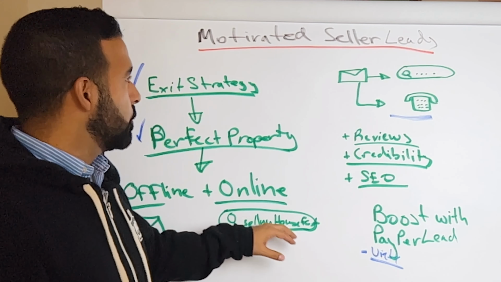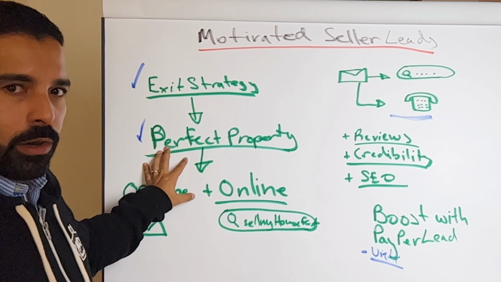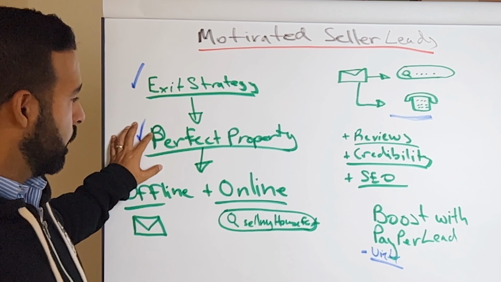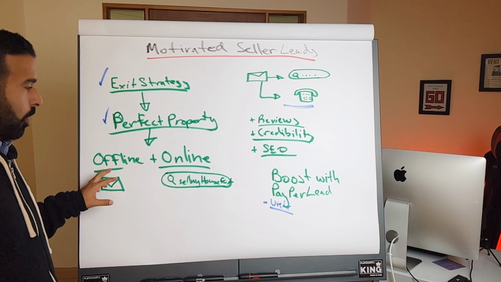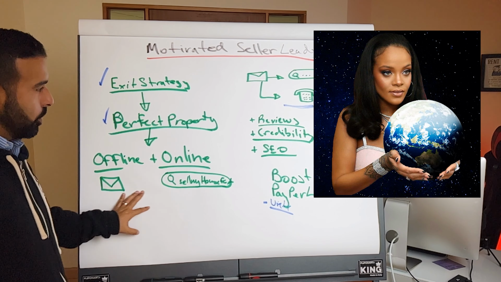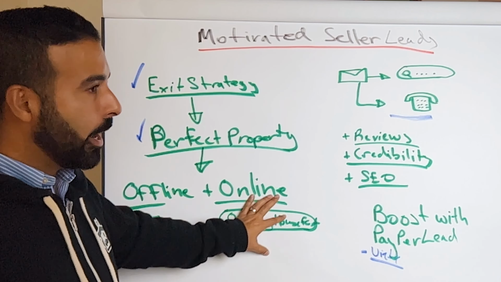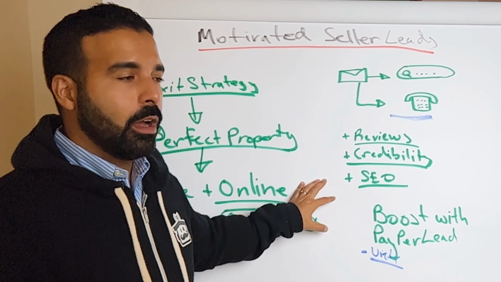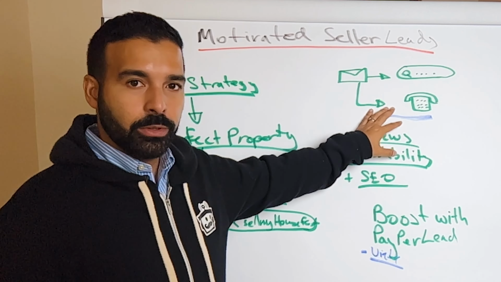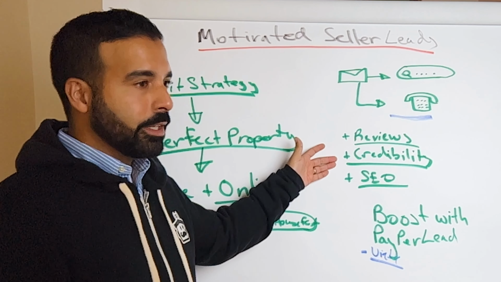Biggest takeaway here is think about your exit strategy, think about your perfect property avatar, right? What does that look like? And then see how you can market to them offline and online. If you can do those, you turn into an omnipresent brand in their mind, so that when they're ready to sell, hopefully they contact you or they find you, and start building those reviews, that credibility.